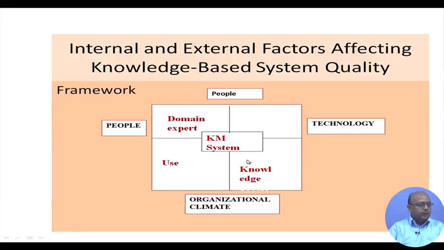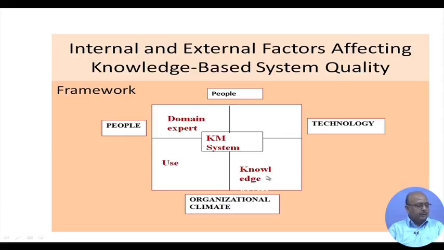Okay. So, the knowledge based system quality is going to be affected by the domain expert, user and the knowledge, and you also have the knowledge developer here, probably I forgot it, right. So, the knowledge developer, domain expert, user and the knowledge, because it is moving from here.